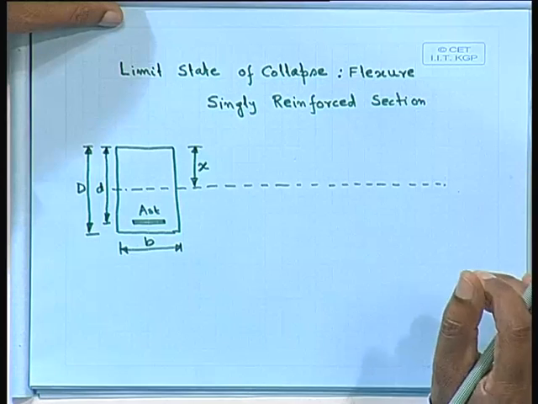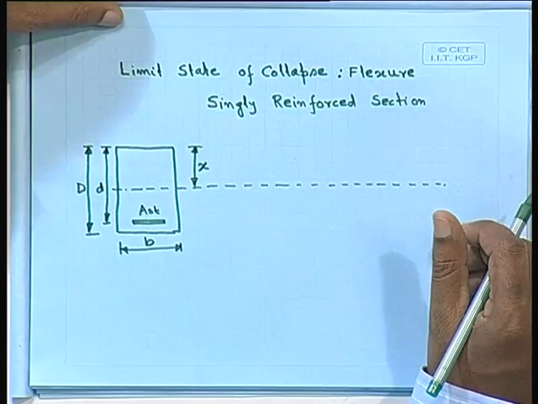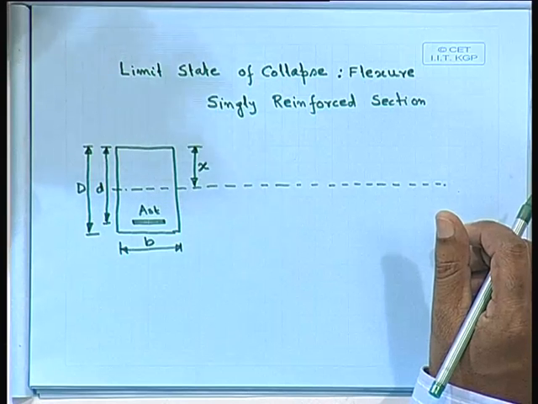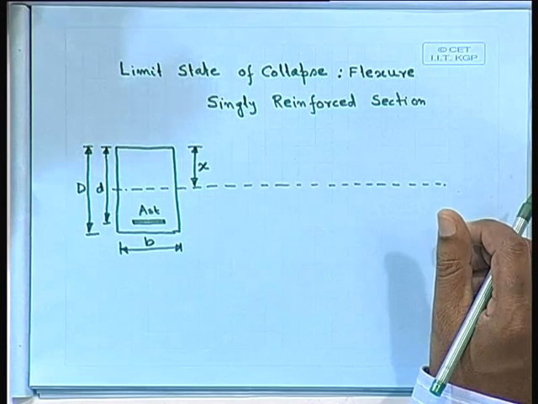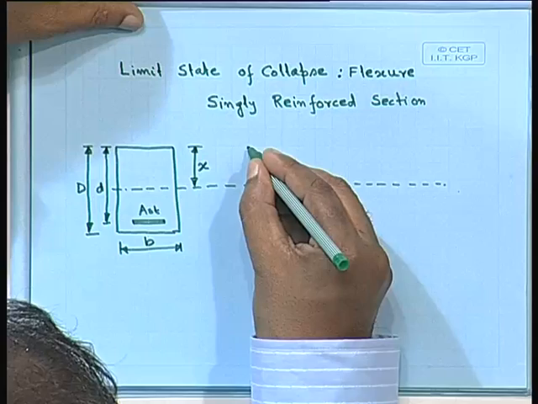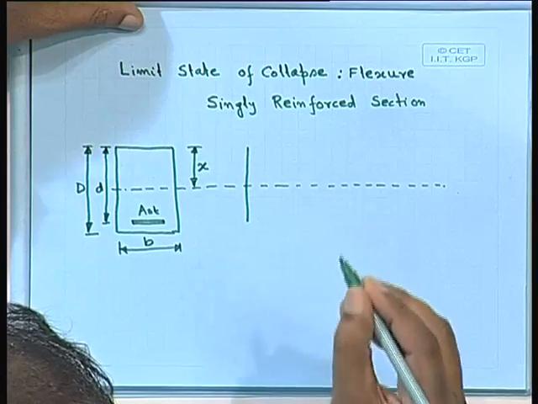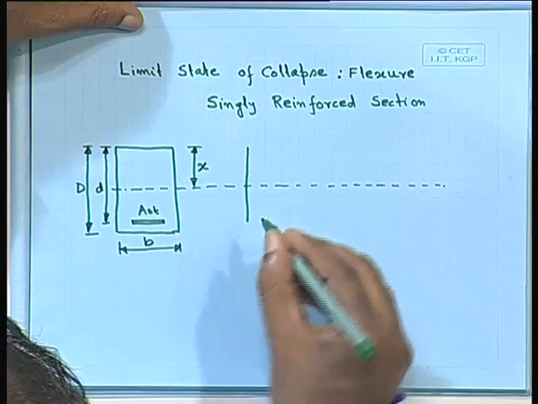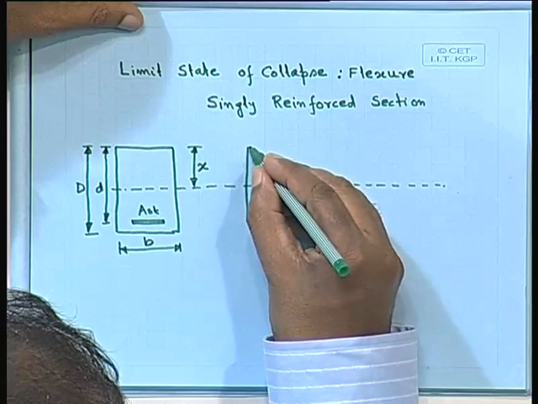In the working stress method, we have not taken the strain criteria, but in the limit state method we specify the limiting value of strain. For concrete, the limiting strain is 0.0035, which you should always remember, 0.0035. We shall go up to the steel position.